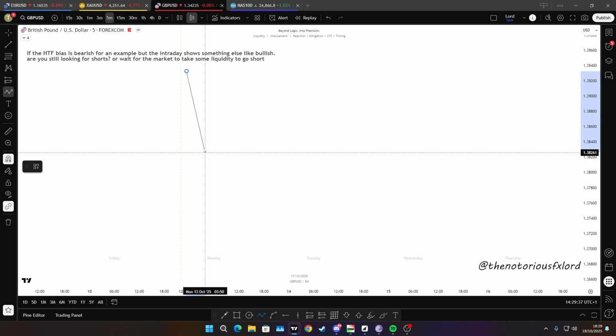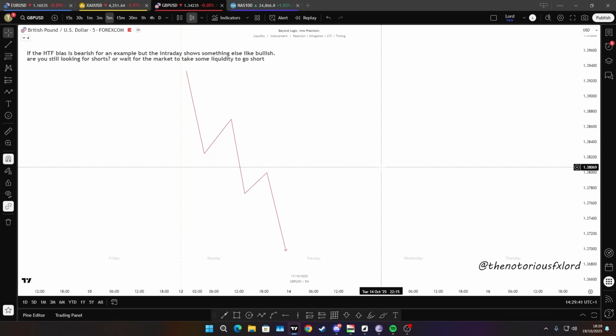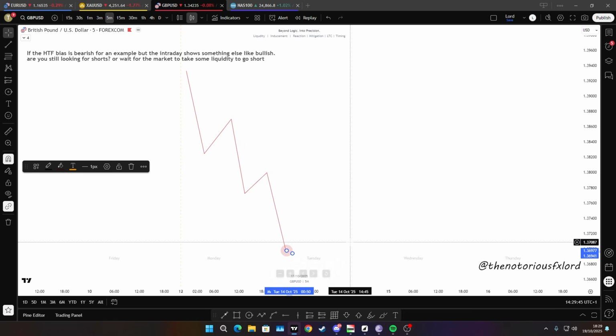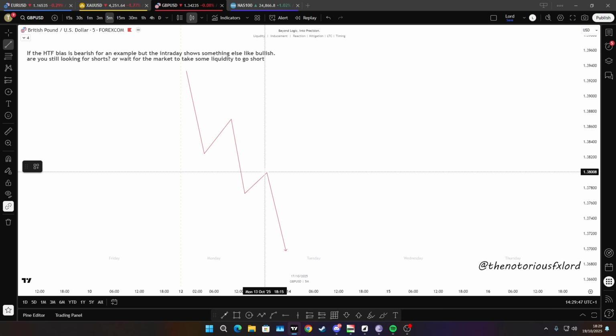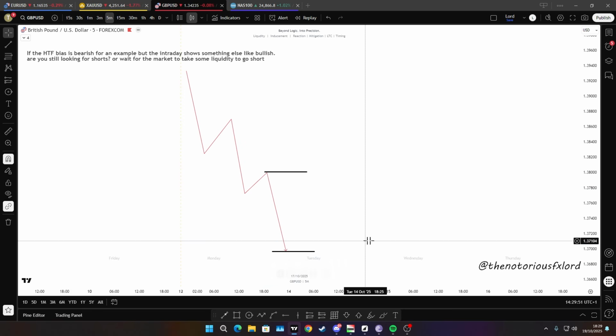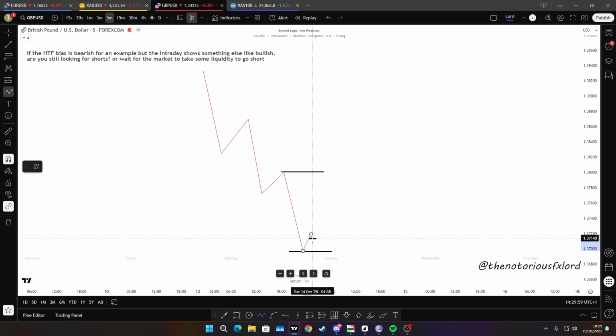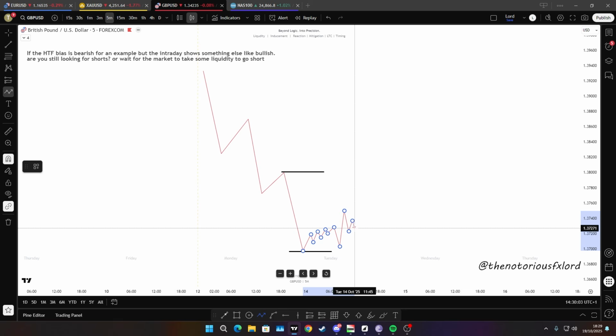So for instance, I'm going to just show this red being a high time frame. From this point, what is our nearest range, or the leg, as I call it? Some people call it range. Then we see the lower time frame start to turn bullish.